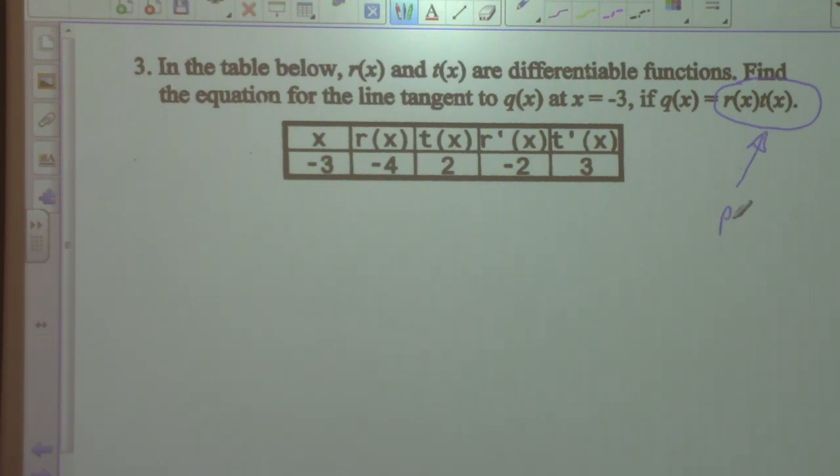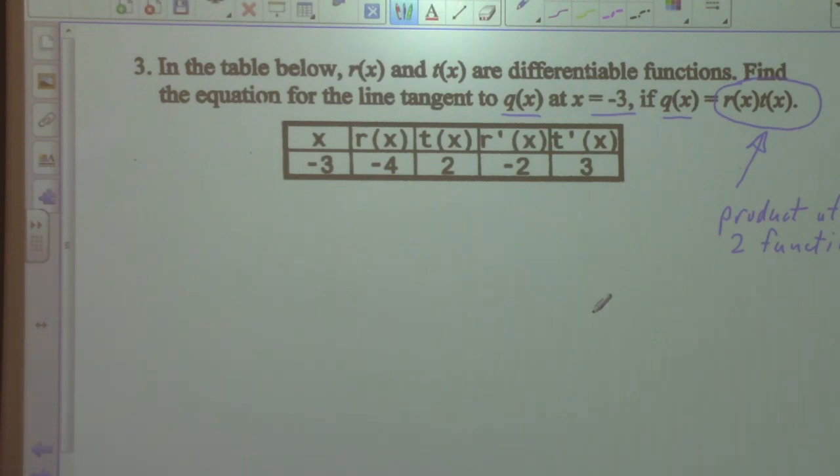This is a product of two functions. And we are trying to find an equation for the line tangent to q of x, and q of x is the product of these two functions, where x equals -3.